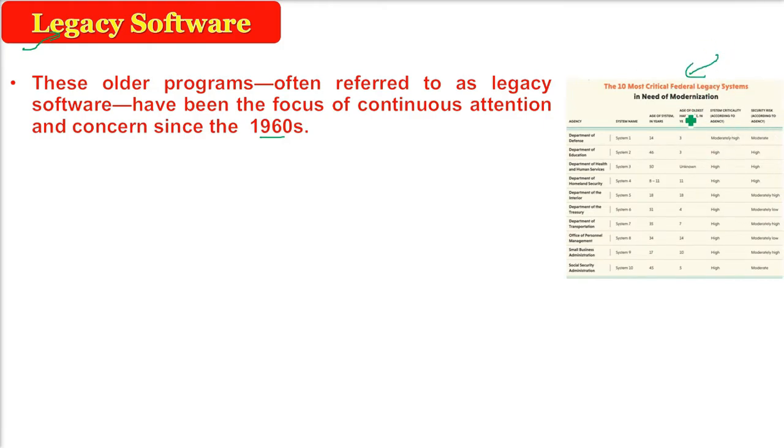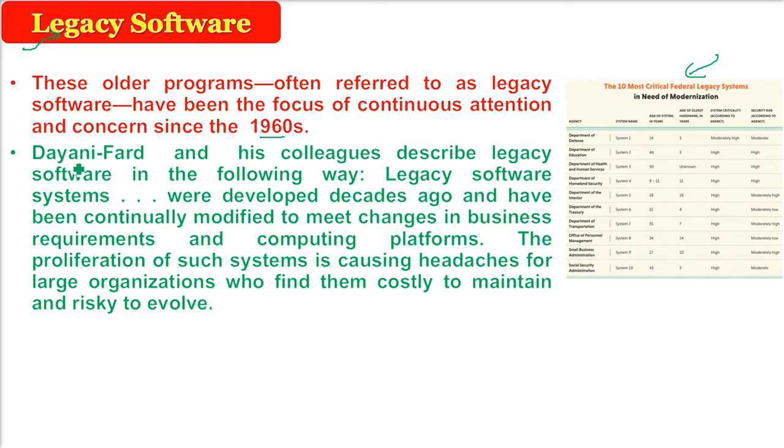This is a picture I wanted to show, the 10 most critical federal legacy systems which are still being used. There are two observations from Diane and Ford. These two gentlemen said that legacy software systems were developed decades ago, but they are solving business requirements. They are continuously being modified because there are different technologies and computing platforms.